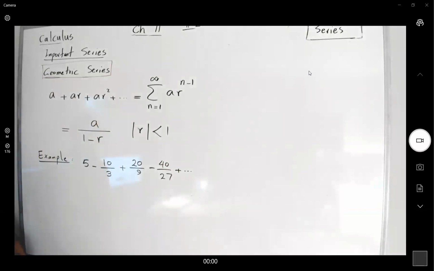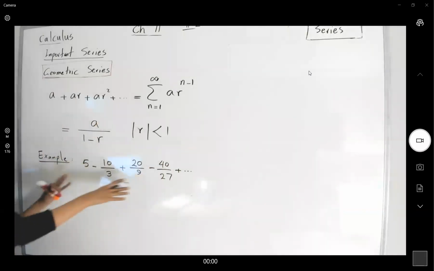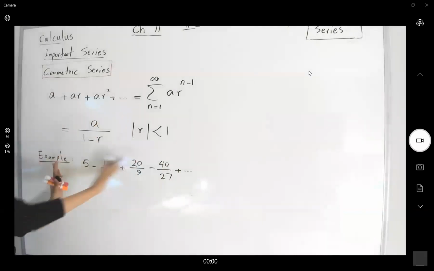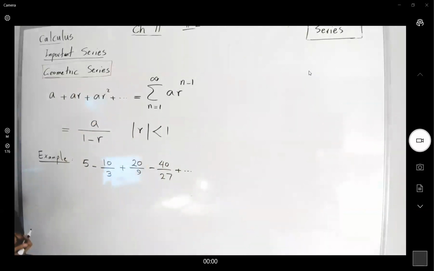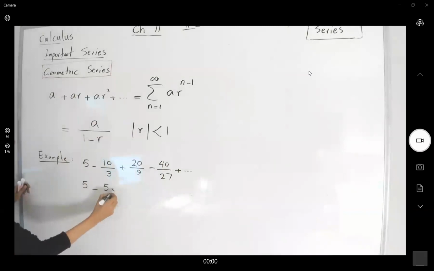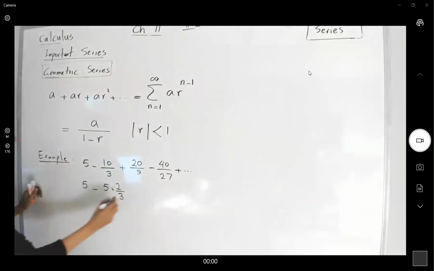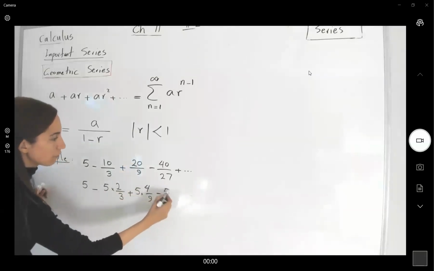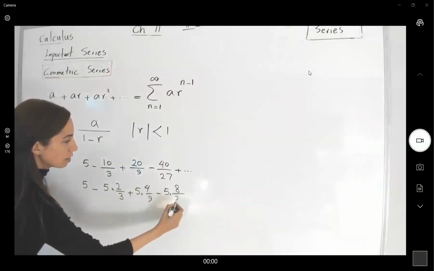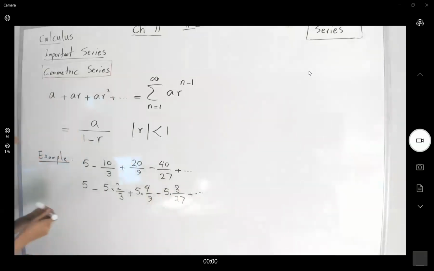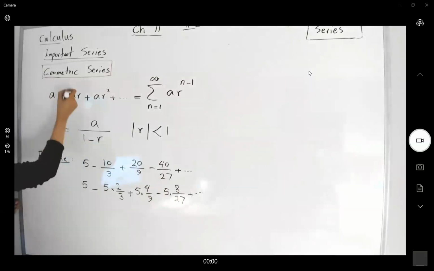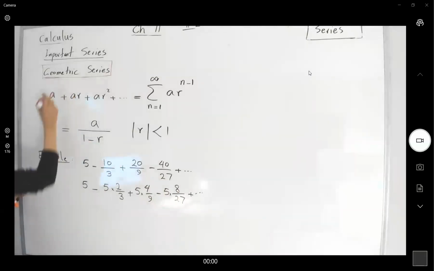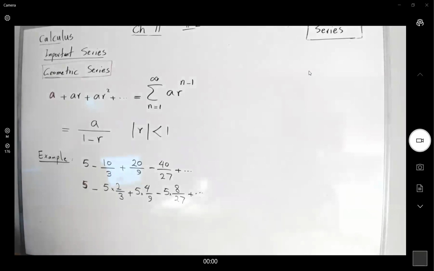Well, let us try to analyze this series and see if we can see any similarities between this series and a geometric series. This is 5 minus 5 times 2/3 plus 5 times 4 over 9 minus 5 times 8 over 27 plus the rest of the terms. As you can see, your A is 5. What about R?